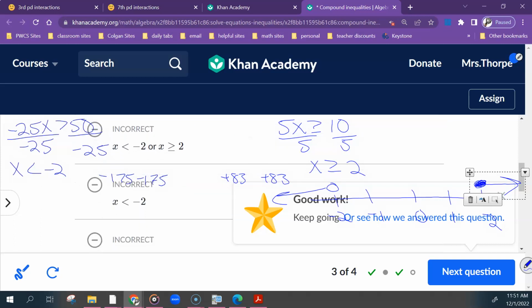If they both happen to overlap, so let's say this one went this way instead, then they would overlap everywhere from negative 2 on. So that would be x is less than negative 2.